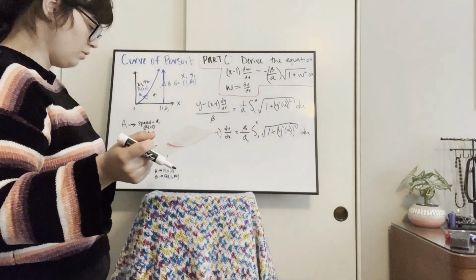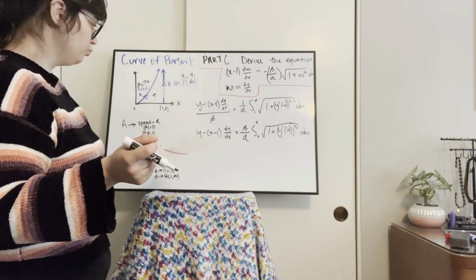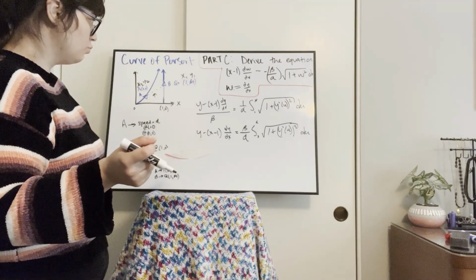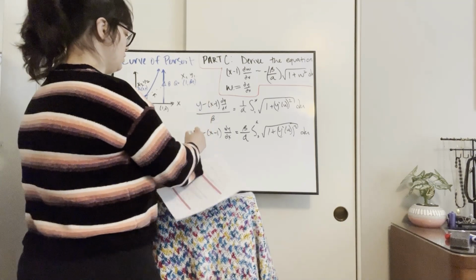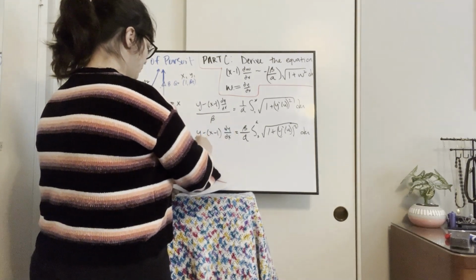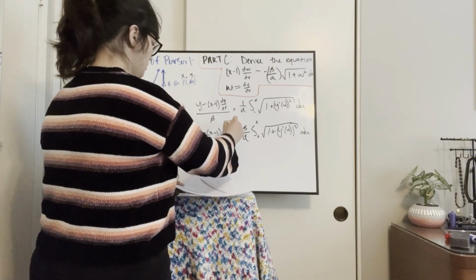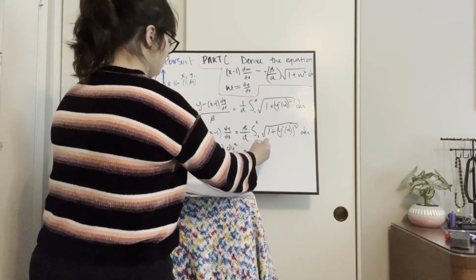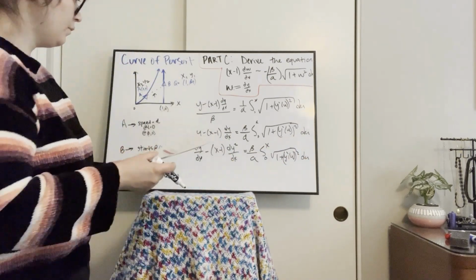Okay, and then we're going to switch dy/dx. We're going to have dy/dx minus x minus 1 times d squared y/dx squared, and this is going to equal beta over alpha. Okay, I'm going to erase a little bit.